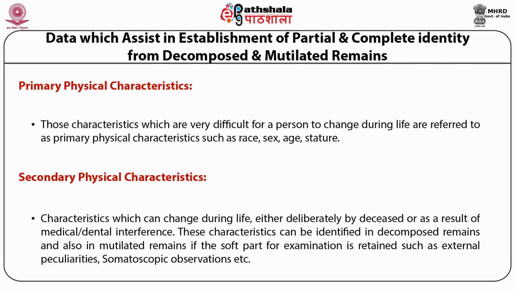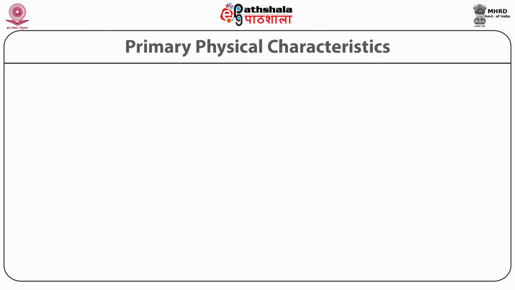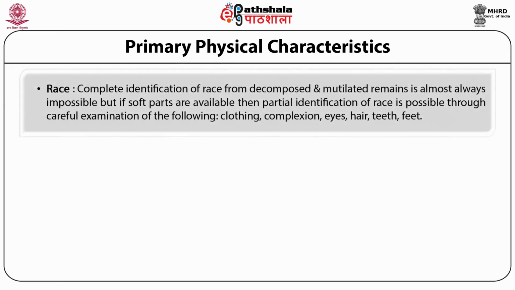Such as external peculiarities and somatoscopic observations. The first important primary physical characteristic is race.